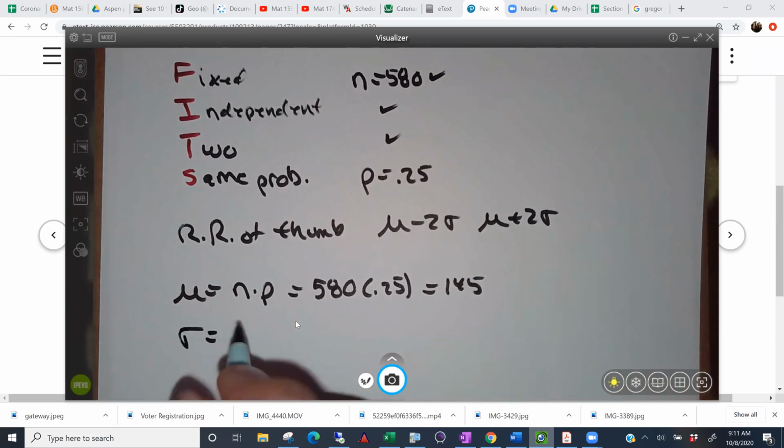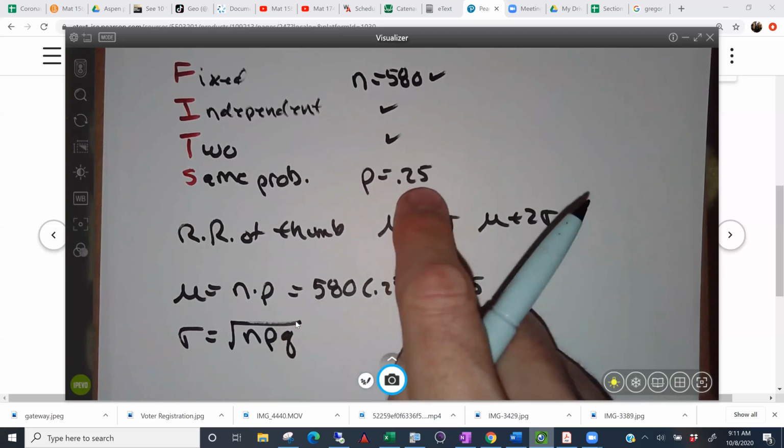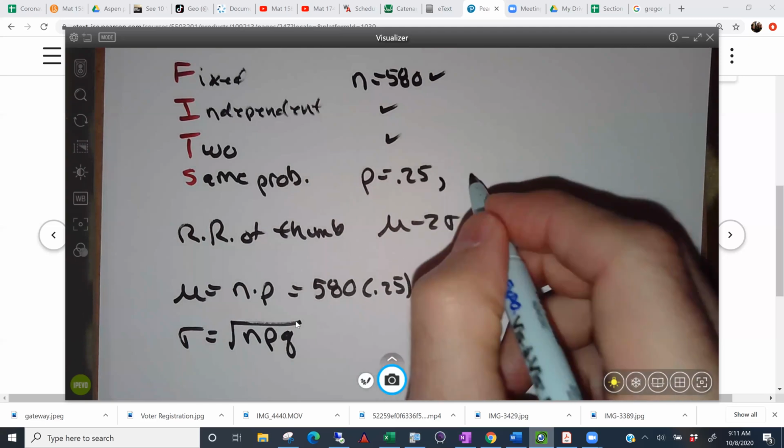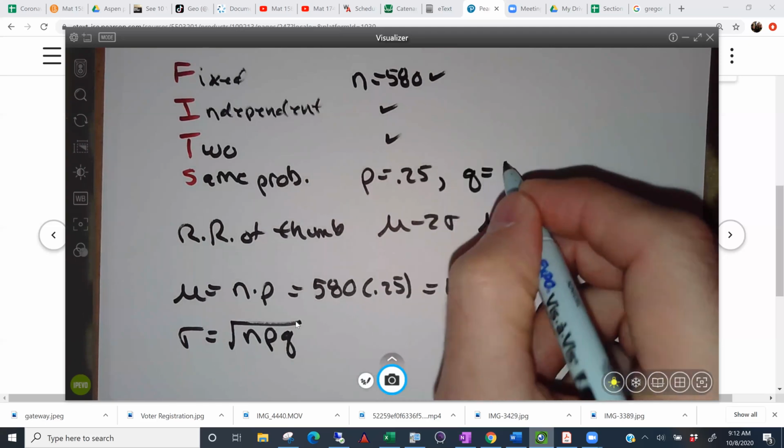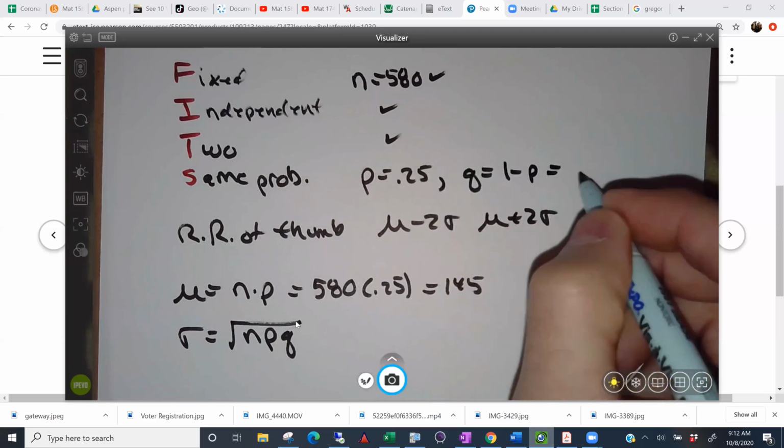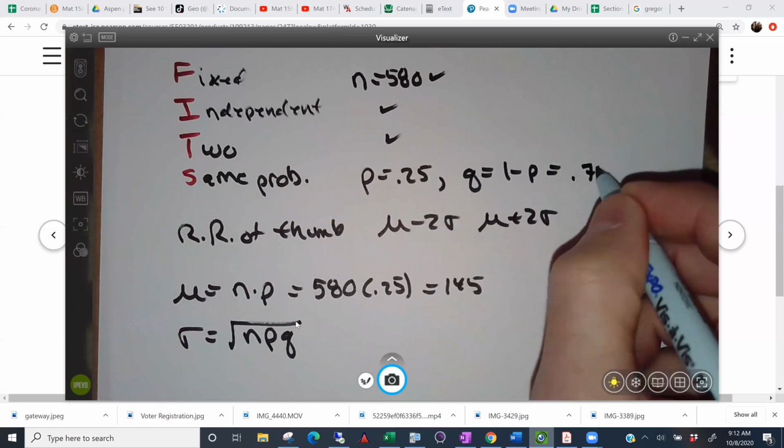How do you find the standard deviation of a binomial random variable? Square root of n, p, and q. Beautiful, n, p, and q. Now, I know that p is 0.25, so what does that make q equal to? 0.75. Perfect.